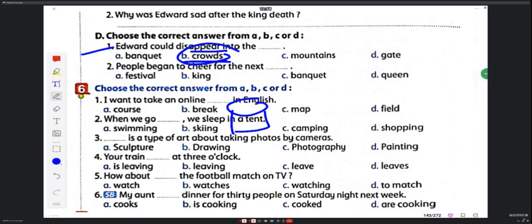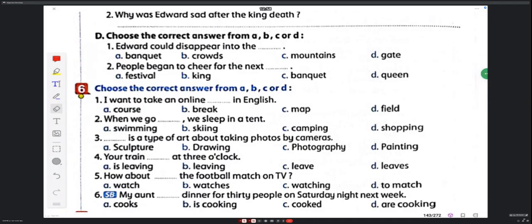The people gave him a drink, so he took the mug with both his hands to drink. So he used two hands to drink. It was a good chance for Edward to run away or to escape. Okay, people began to cheer for the next king.